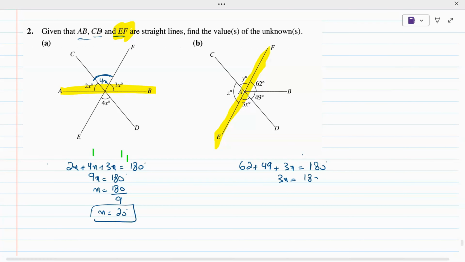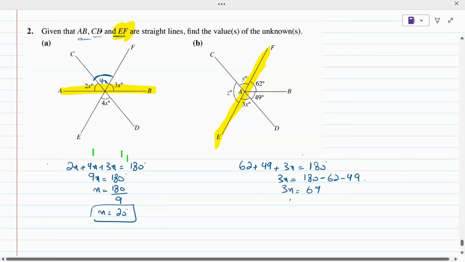3x is equal to 180 minus 62 minus 49. And solving this value, 180 minus 62 minus 49, that's 69. X is equal to 69 upon 3. This gives us x as 23.